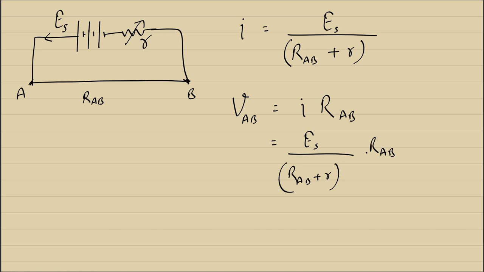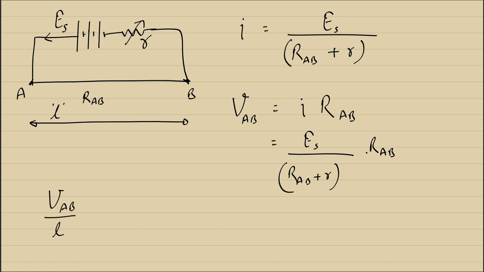Now we have found the potential difference across the wire AB. Say the length of the wire AB is L. So try to find out the potential drop across the wire AB per unit length.